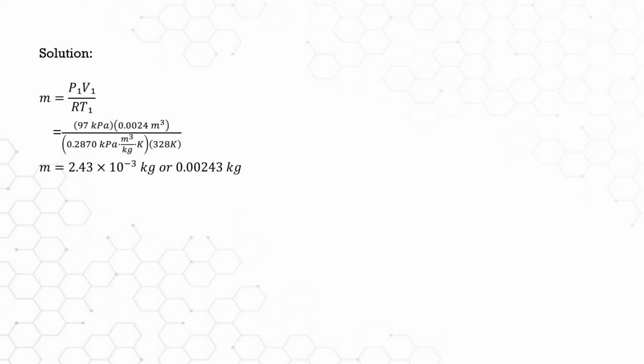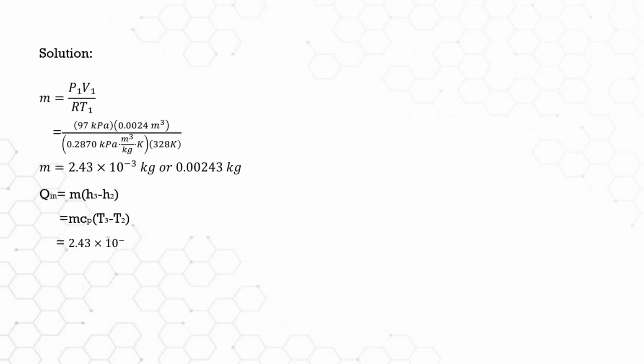Next, for our heat input, we use the formula mass times the enthalpy at state 3 minus the enthalpy at state 2. Thus, this is equivalent to mass times the specific heat at constant pressure times the difference between temperature at state 3 and state 2. Plug in the values.